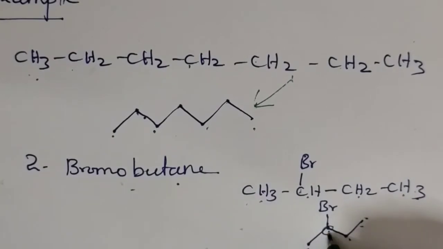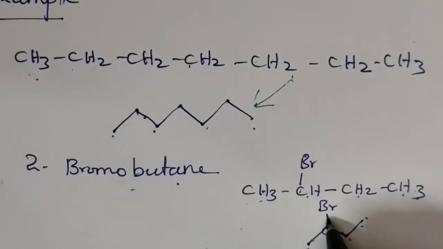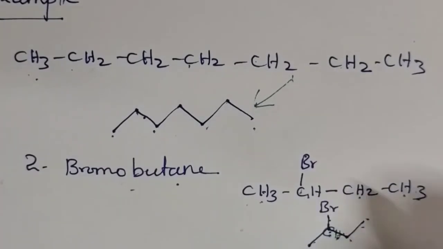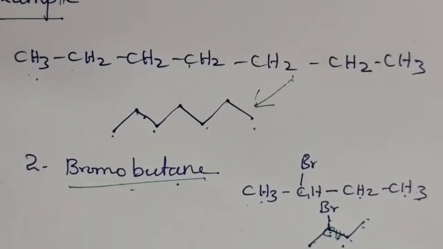The corner represents carbon with a sufficient number of hydrogens. That means this carbon has 3 bonds, so we have to write CH. So this is the bond line representation of 2-bromobutane. Thus an organic compound can be represented in different types of structures.